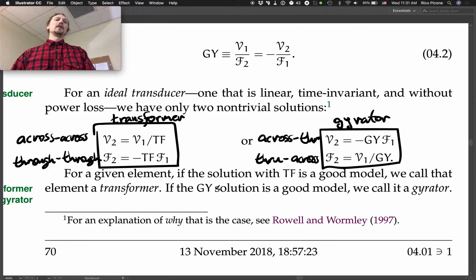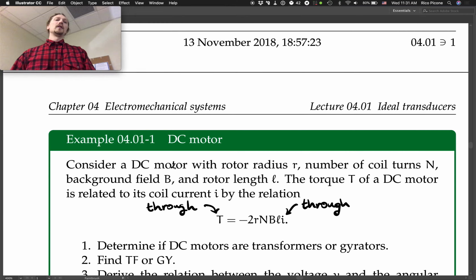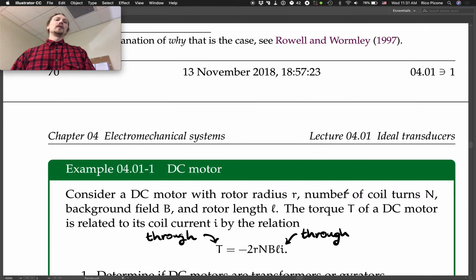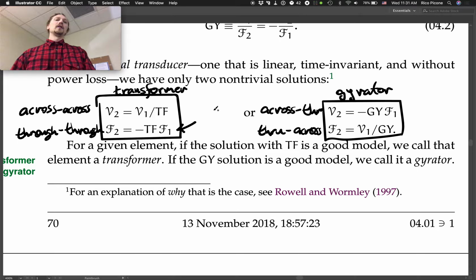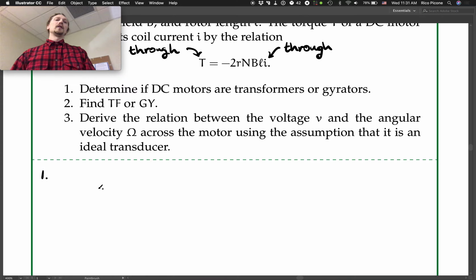So we have an equation that is through to through, which is the second transformer equation. So we must have a transformer if it matches up with the transformer equation. Transformer.